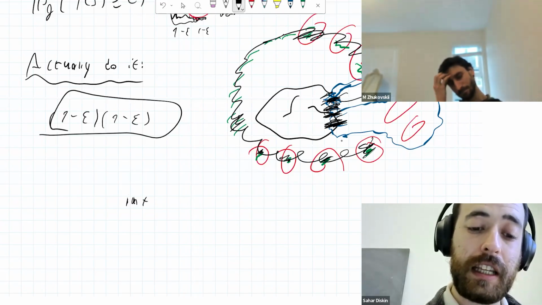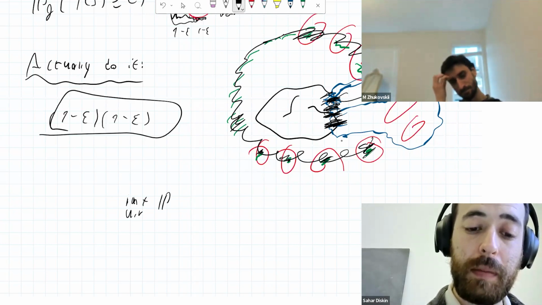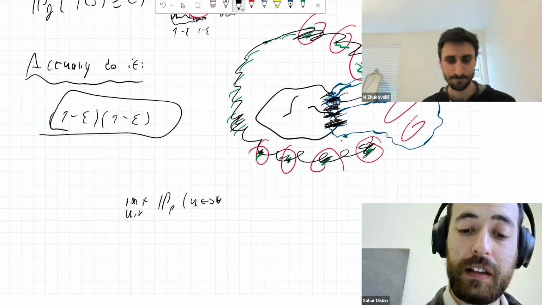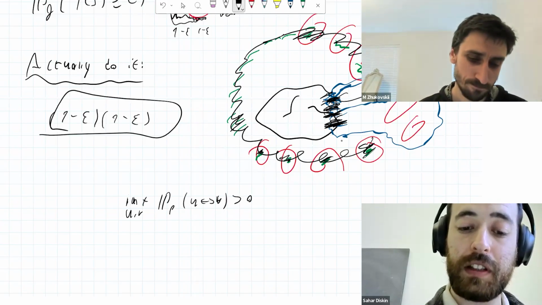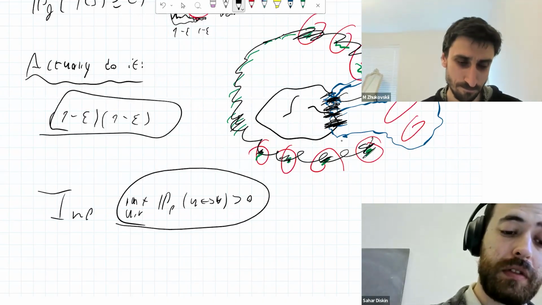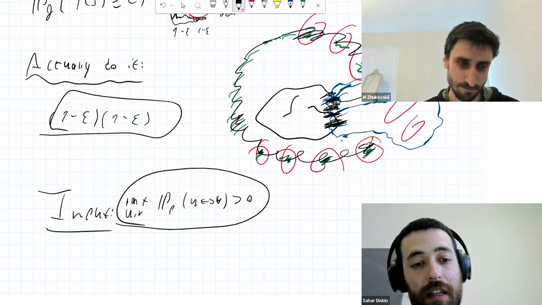But the statement would be that the infimum over all pairs of points U and V of the probability under P that U and V are connected is positive. We believe that if you have this as input, you will get as output this result.